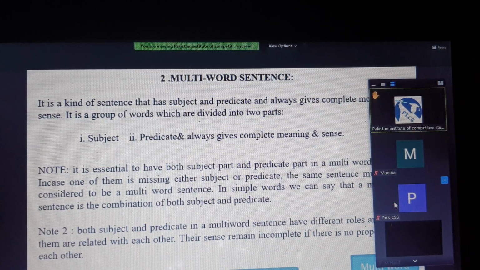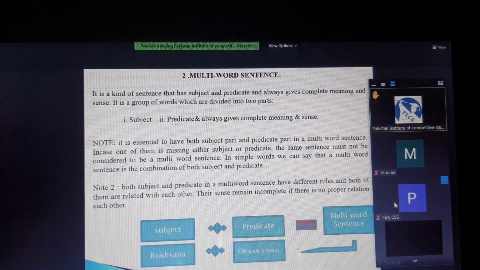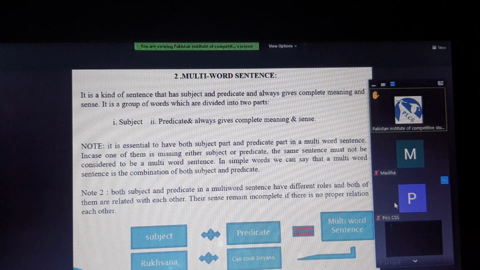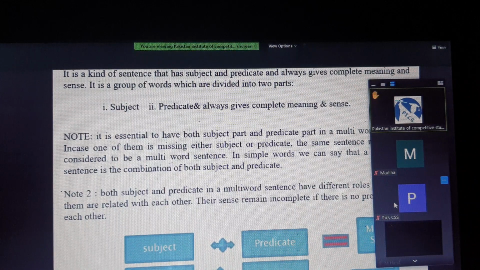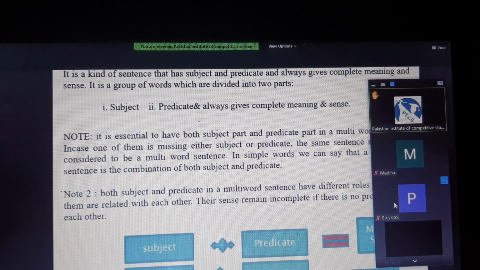But in single word sentence, we did not have two parts. We always had single part. See, in note, it is essential to have both subject part and predicate part in a multi-word sentence. In case one of them is missing, either subject or predicate, the same sentence must not be considered to be a multi-word sentence.